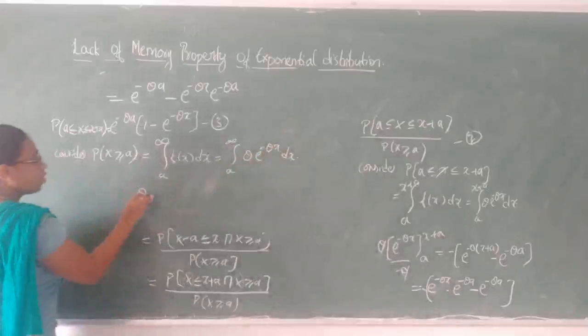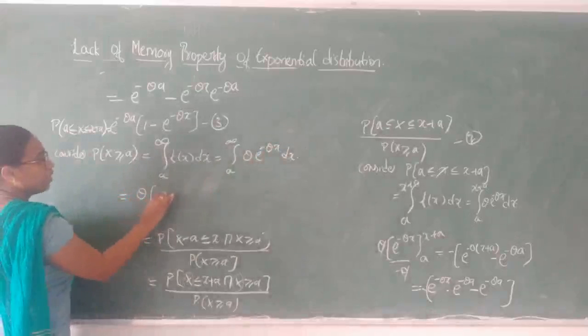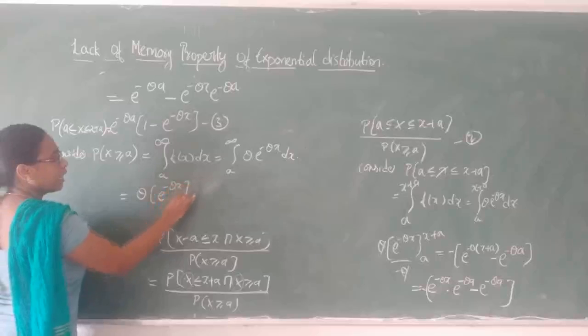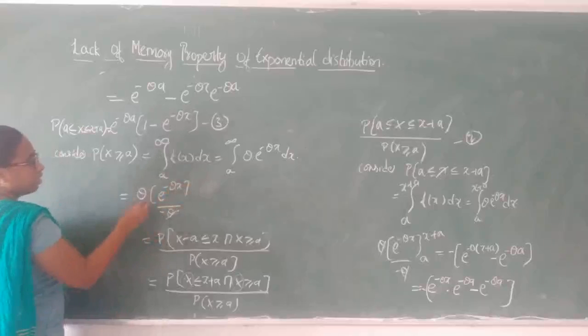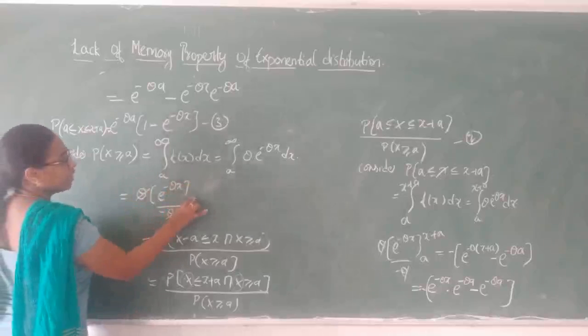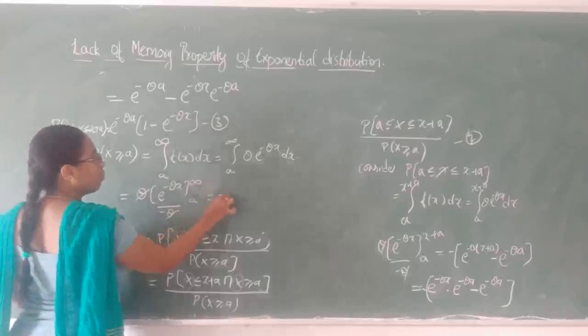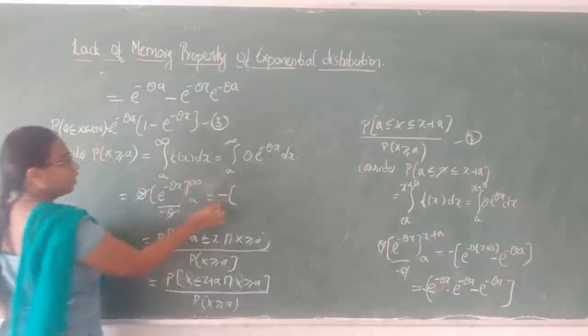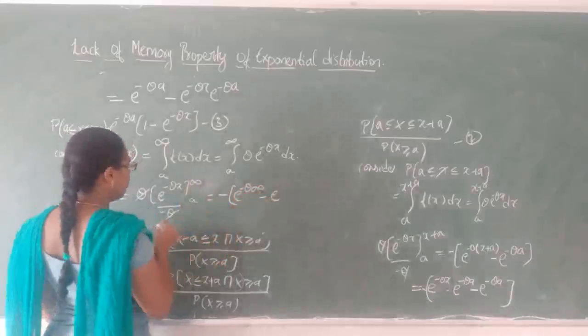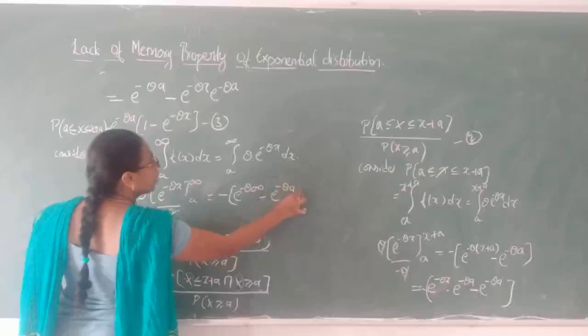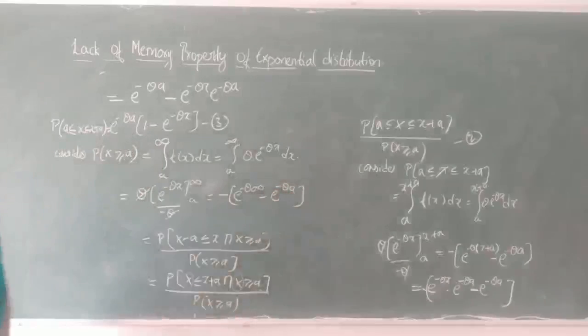Here theta is constant. Integration of e power minus theta x is e power minus theta x by minus theta. Theta and theta get cancelled, within the limits a to infinity. Now apply the limits: minus into e power minus theta into infinity, minus of e power minus theta a. Now multiply minus inside.